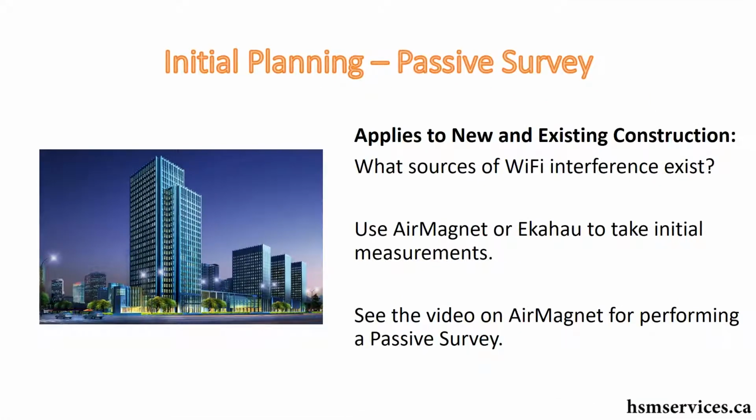So we use AirMagnet or EkaHau or whatever it's called, and we can take measurements. So check out a video on AirMagnet where we go over performing wireless active and passive surveys and designing networks with AirMagnet. I won't go into details here because it's in the other video.